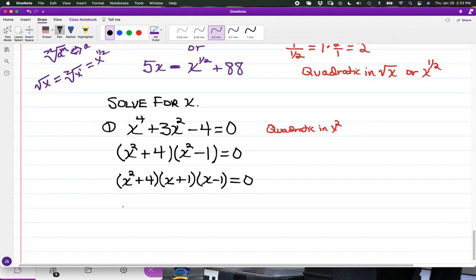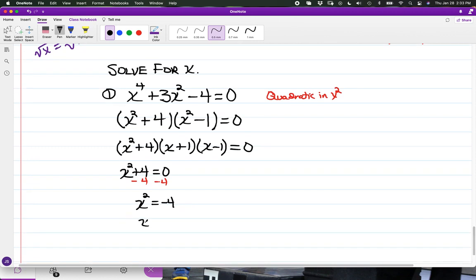And using the zero product property, if I set each of the factors to 0, so if I have x squared plus 4 equal to 0, and I look at isolating the x squared term, we have x squared is equal to -4.